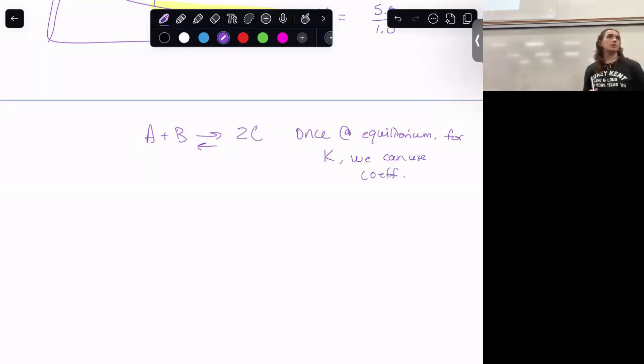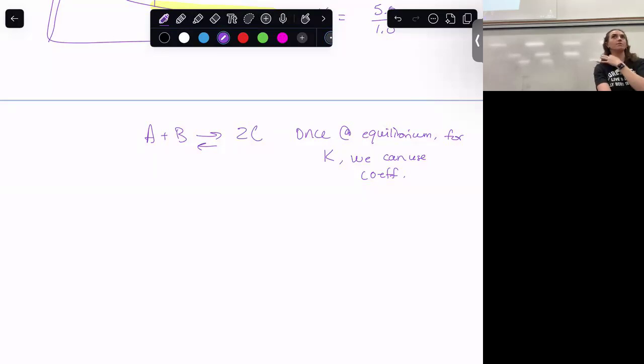We'll talk about Q and stuff on Friday. But when you talk about rates, how fast the reaction is happening, no coefficients. When you talk about equilibrium, coefficients. Rates, no go. Equilibrium, you can. Rates with mechanism steps, coefficients are good.